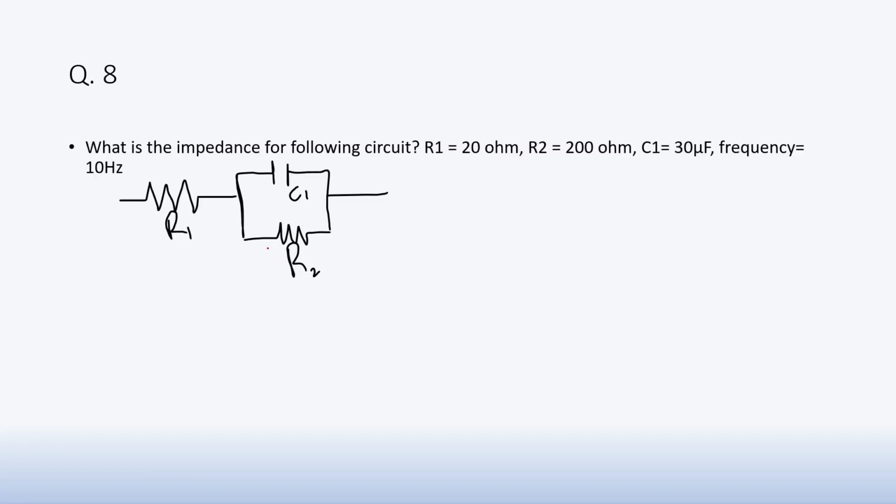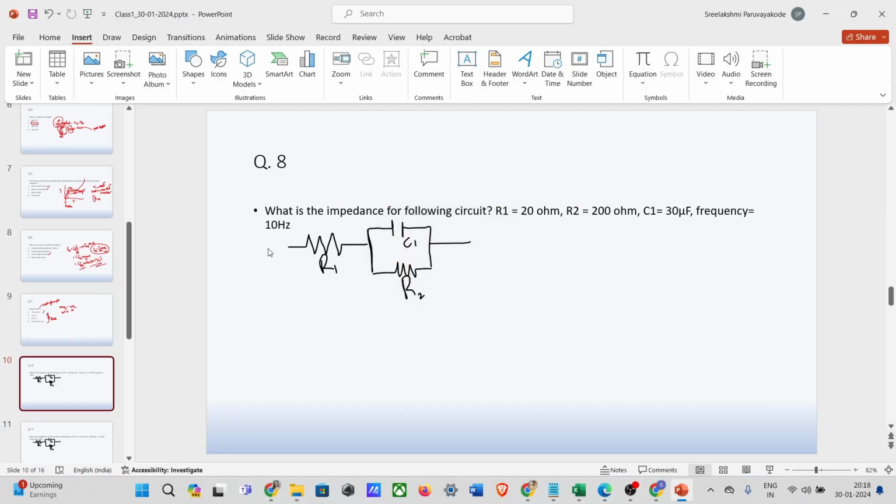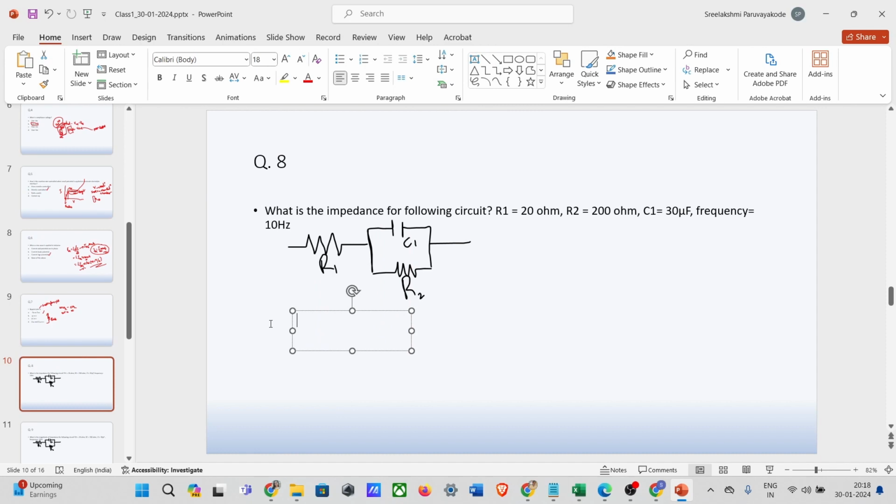This is a problem. Everyone can try this out. I'll give you 5 minutes. What I want is the expression of the form a plus ib, Z. I want it of the form... So these questions I'm not giving any options.